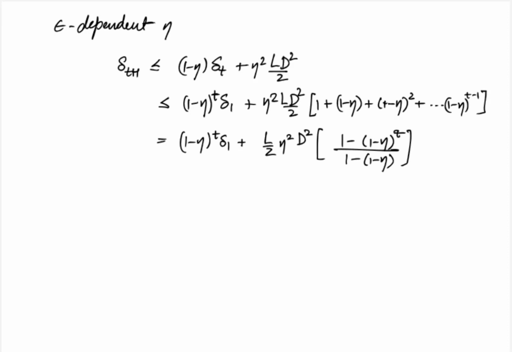Then we can bound the first term delta 1 with BF and drop the negative terms so as to get the bound that this is less than or equal to 1 minus eta raised to the power T into BF plus eta LD square by 2.